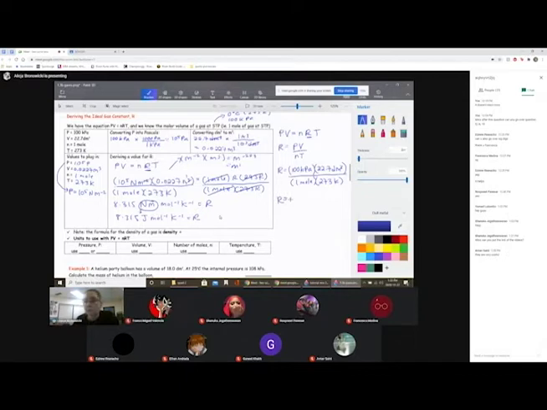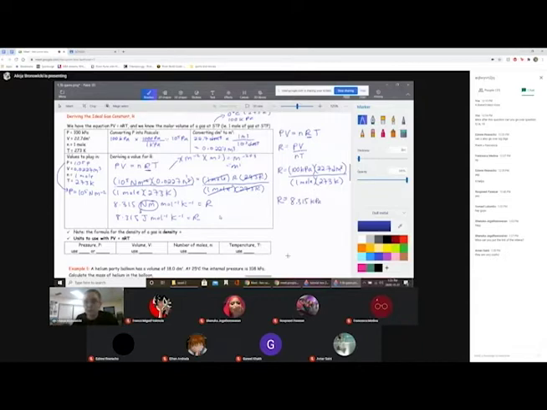If I were to put all that into a calculator, 100 times 22.7 divided by 273, I get 8.315.